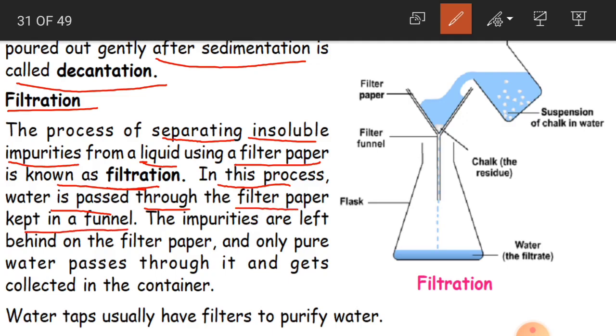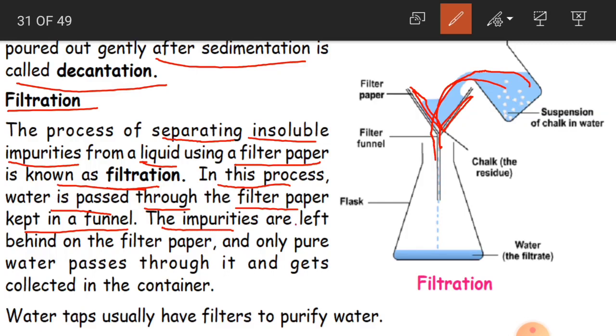So this is a funnel, children. What we are doing is placing a filter paper in this funnel. And now we are going to pour water into this funnel, where the filter paper is kept. Then what happens?